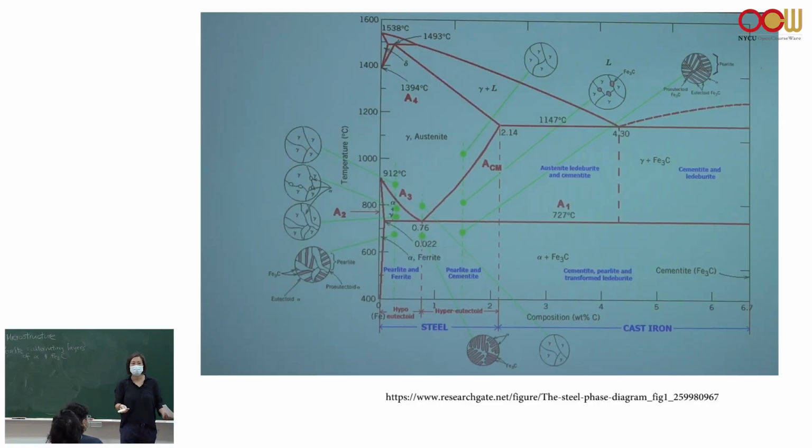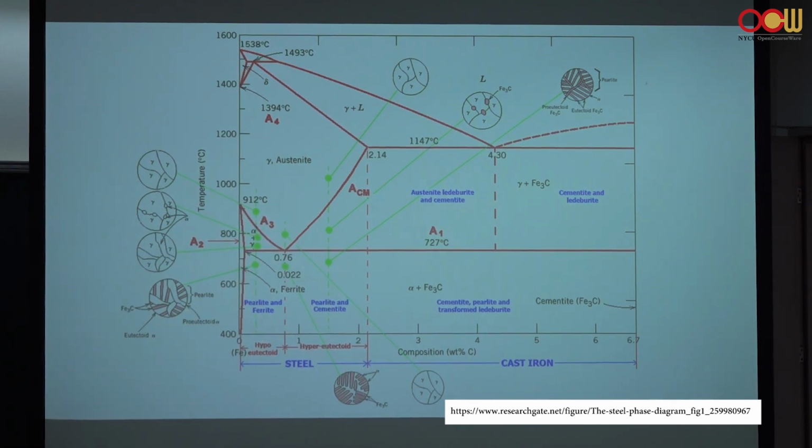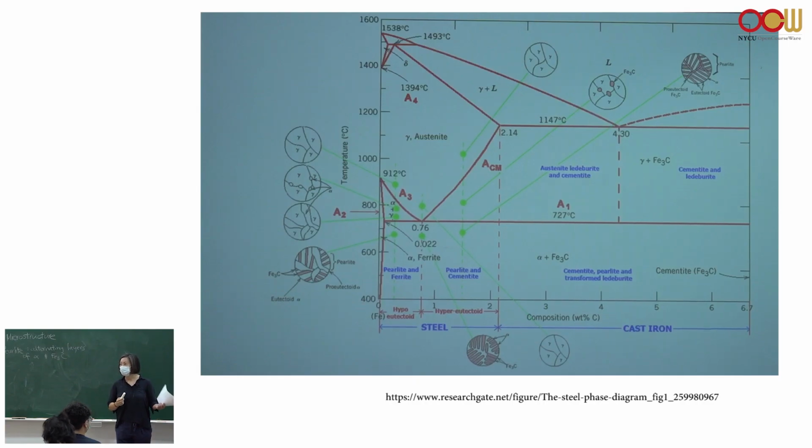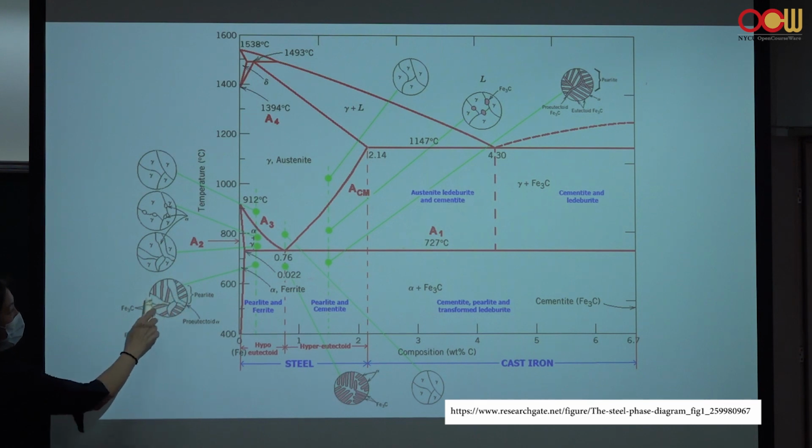It doesn't need to change into ferrite and something else, because ferrite is stable at this lower temperature. But this austenite is not stable at the lower temperature, so it needs to change into ferrite and cementite. Because both phases are forming at the same time, they tend to form layers. So you get this pearlite structure embedded between ferrite.